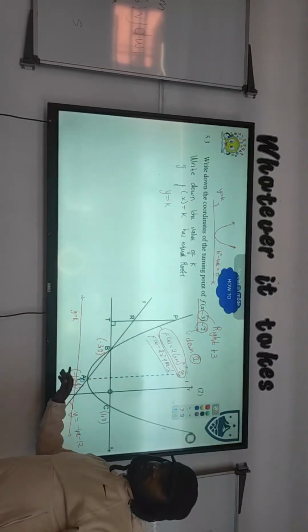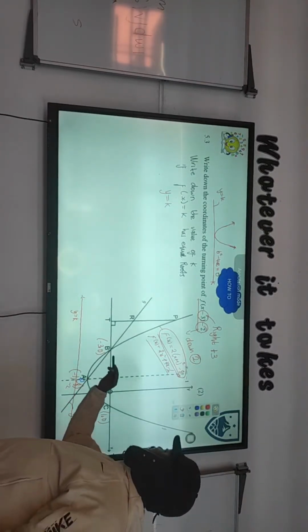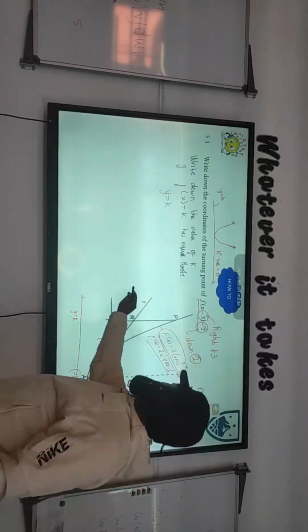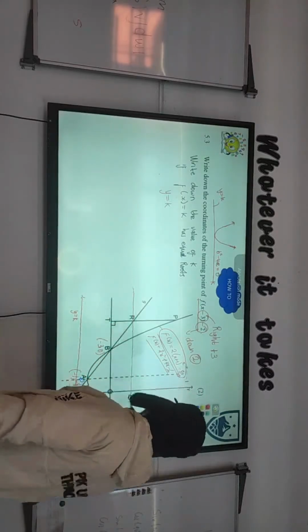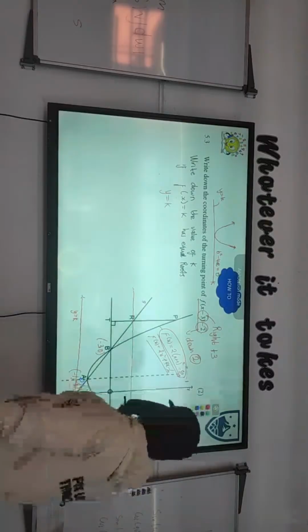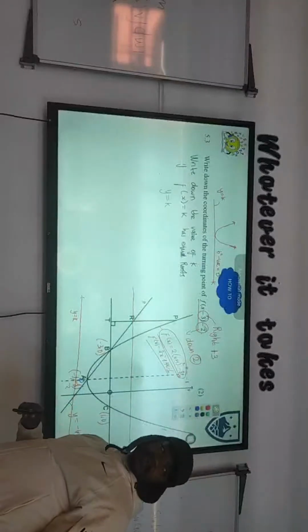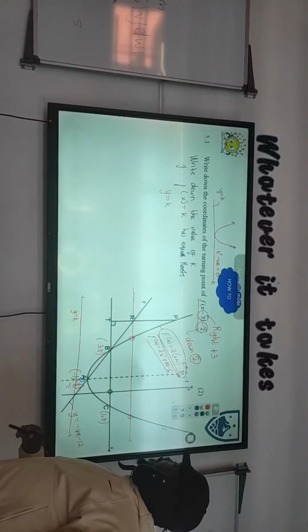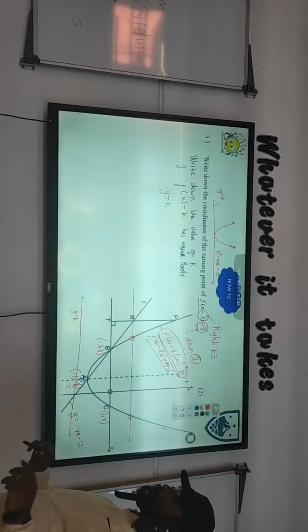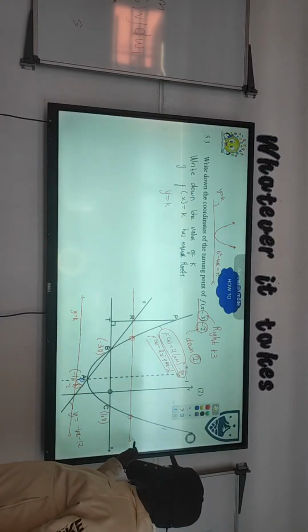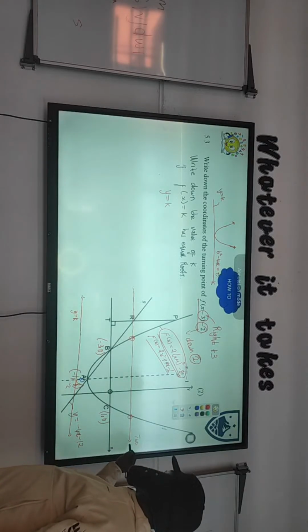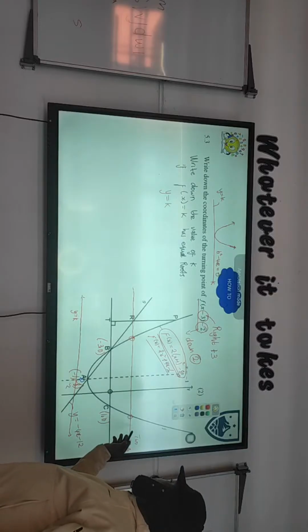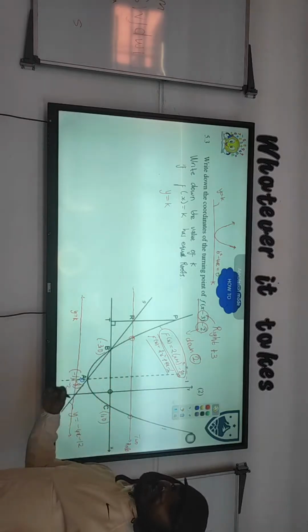There is no solution here. If I take this graph, y equals to k, straight line, it touches how many times? It touches our graph twice. So for this one, we'll have two roots. One on the positive side, one negative.